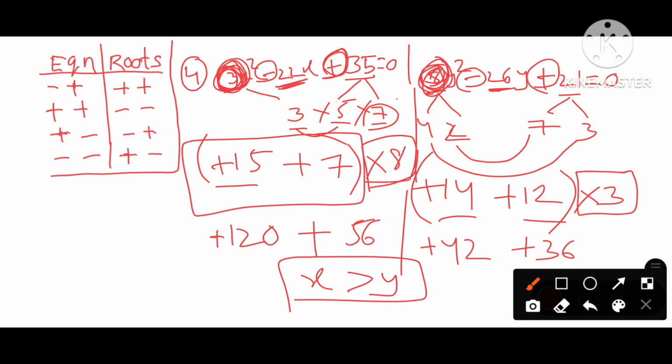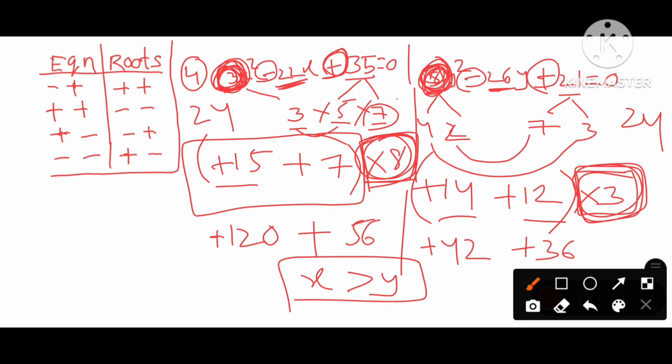We multiply with 8 because 3 eight times is 24, so the coefficient becomes 24 here. Here we have 8 into 3 times, which is 24. Here also the coefficient is 24. So we are making the bases equal by multiplying oppositely. This is how we do it.